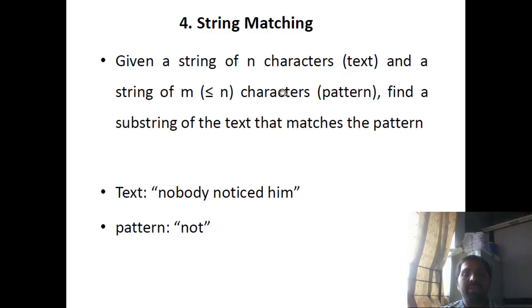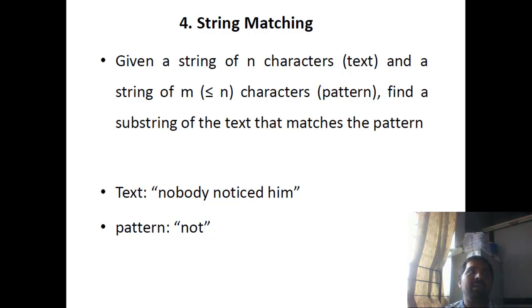Then string matching. Given a text string of n characters and a pattern string of m characters, find a substring of the text that matches the pattern. String matching means we have much text, so much data. In that, if we want to identify a particular word or file, we can use string matching algorithms.